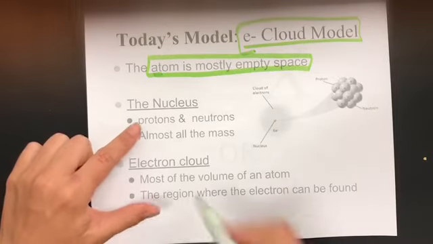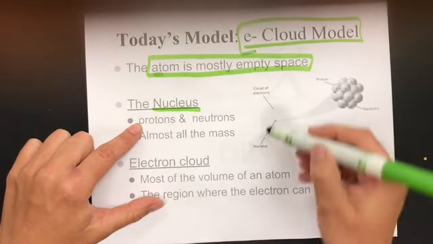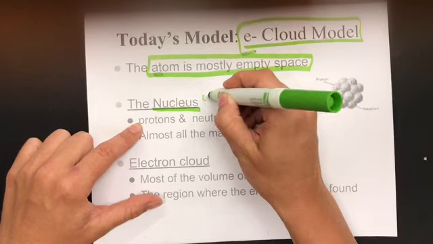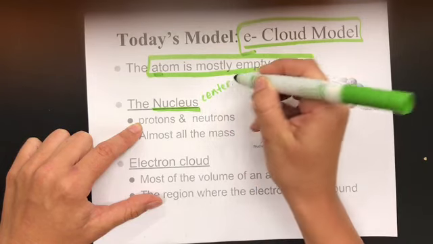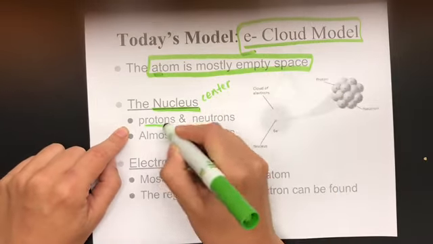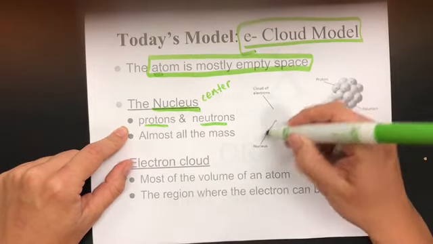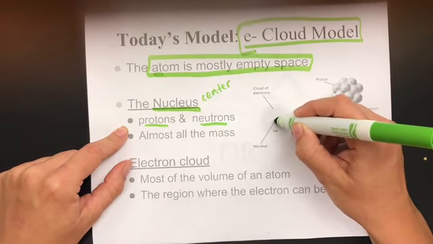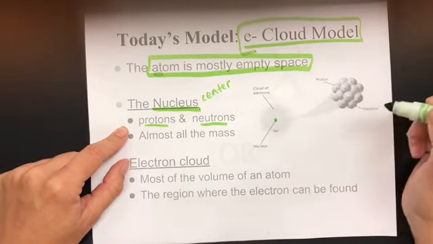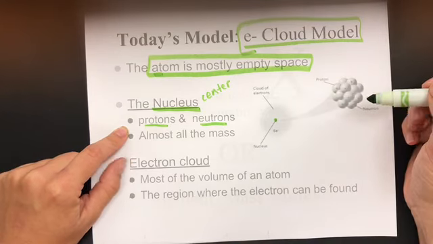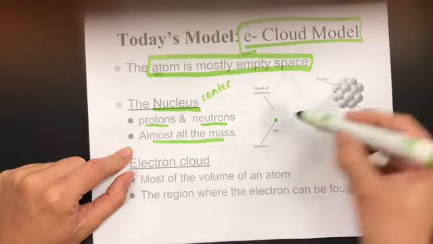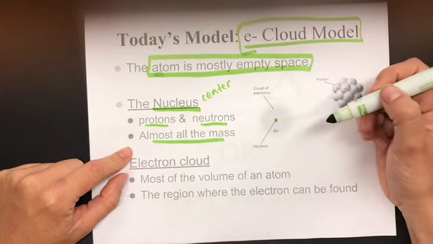The things that are in it, the nucleus. The nucleus is in the center of the atom. Inside that center, you have your protons and neutrons in there. So right here, this is showing you a picture. In the middle is your nucleus. Your protons and neutrons are in there. This contains all of the mass, or most of the mass, of the atom itself.